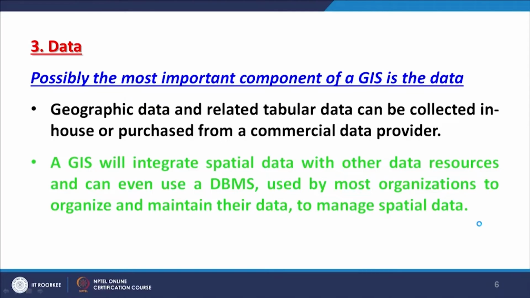Now, data can be created by ourselves going in the field or collecting elsewhere, or can be purchased from a commercial data provider. A lot of data is now available through companies which collect the data, organize the data, and make the data GIS compatible. Or nowadays a lot of web portals are available which also provide data, many times free of cost.